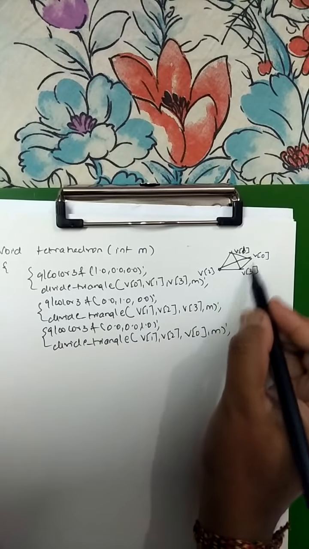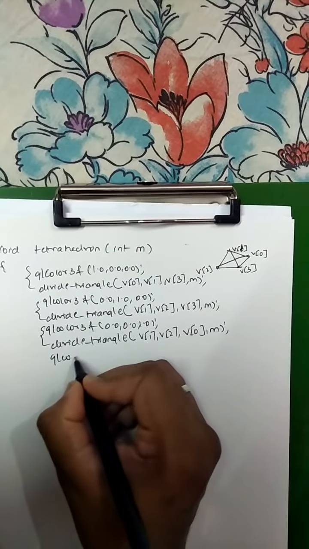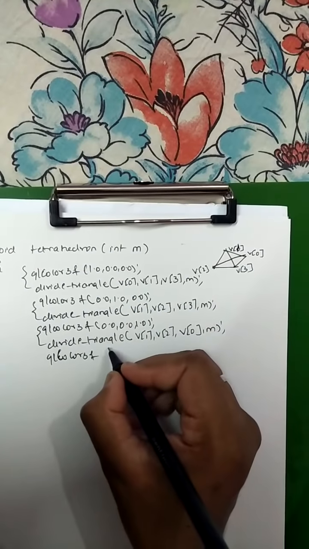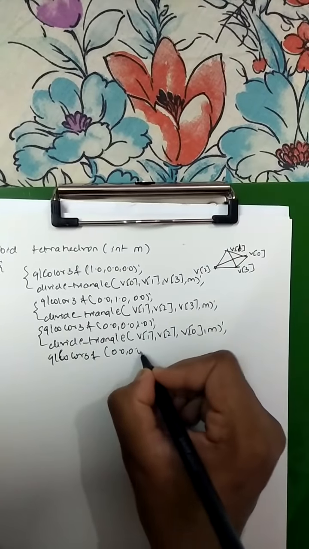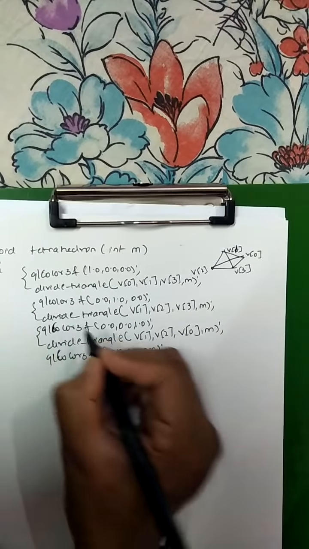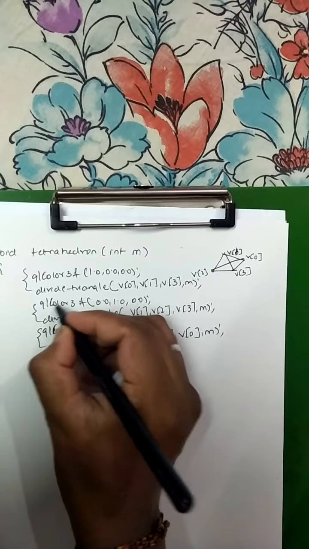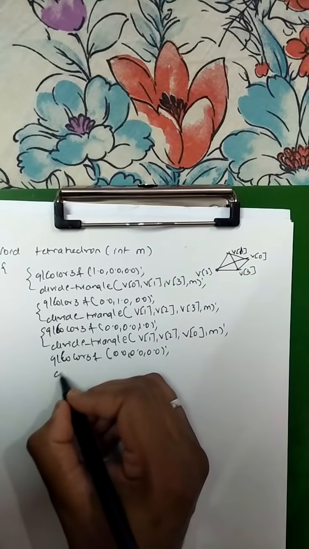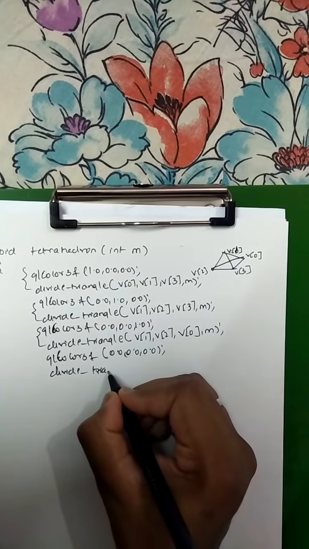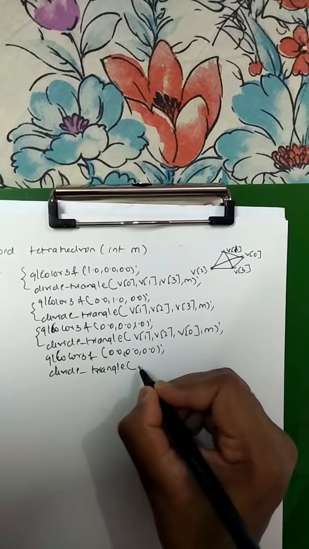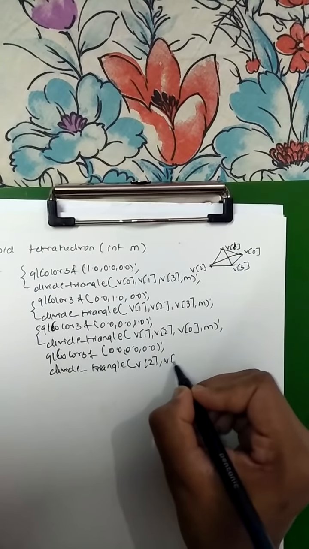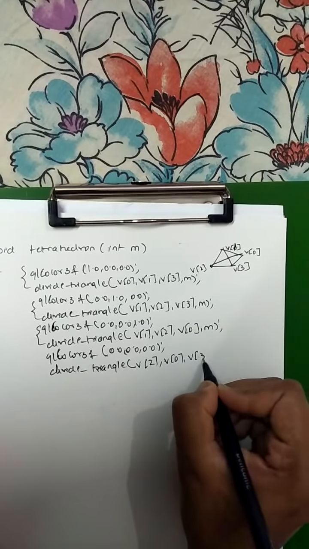The last face is the base one, so I'll assign black color for that, glColor3f, so 0.0, 0.0, 0.0. While writing, make sure that C should be caps, even in the theory exams. So divide triangle, sorry I'm scribbling, V of 2, V of 0 and V of 3.